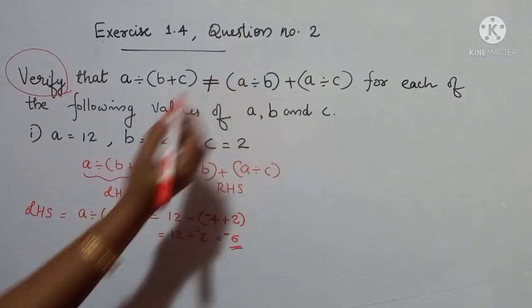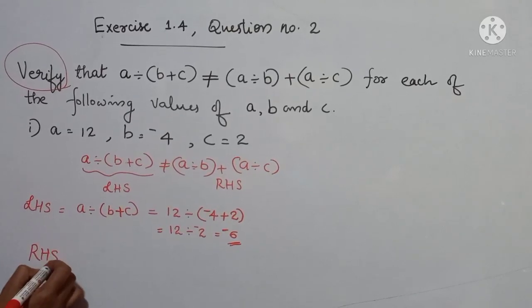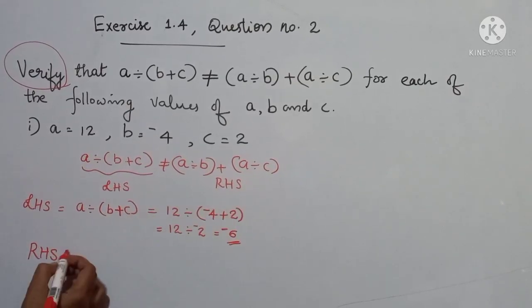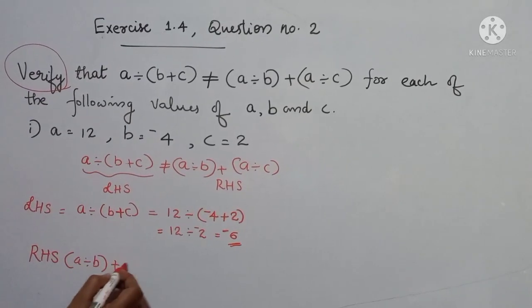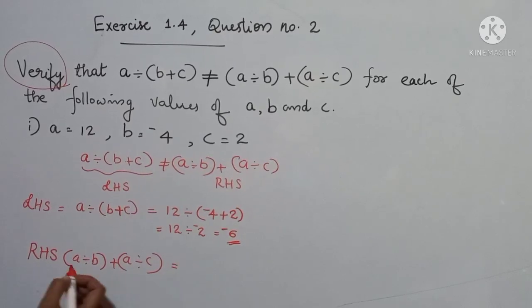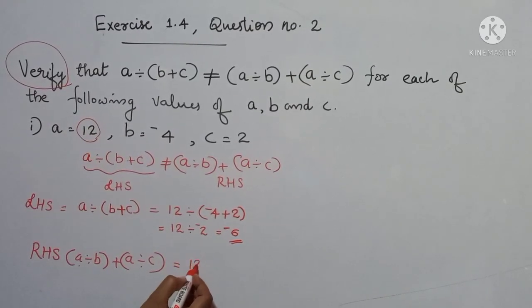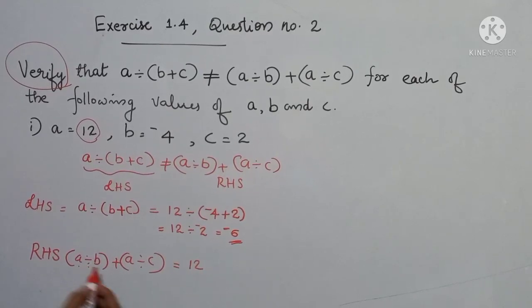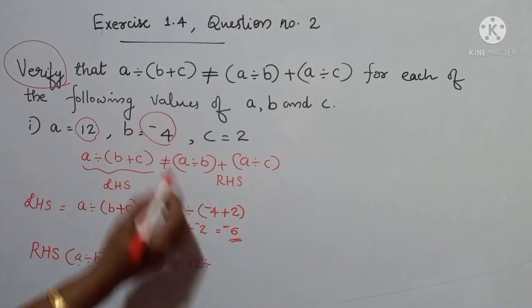Then we can do RHS. What is our RHS? Look at the right side of this one. A divided by b plus a divided by c. Give a. What is the value of a? 12. Write 12 here. Then divided by, put that division symbol here. And b is minus 4, right?